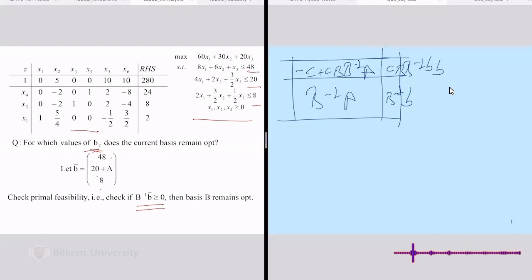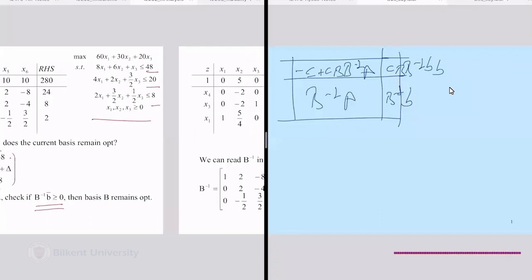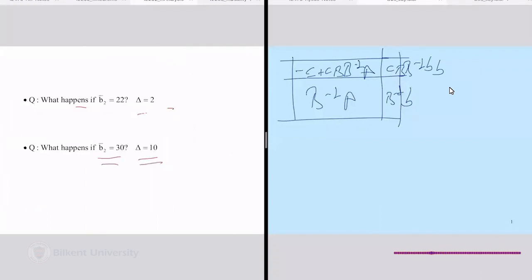When the right-hand side vector is affected from B to B tilde, all right? As you see from this, the matrix notation, only the right-hand side part is changing. So that means we may only lose primal feasibility. Dual feasibility has nothing there. Based on the change, for example, we discussed what happens if B2 was 22.